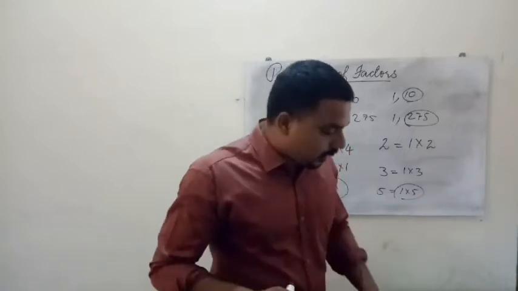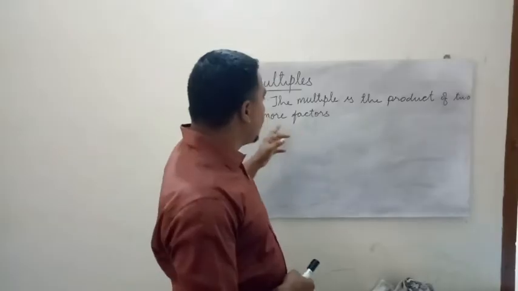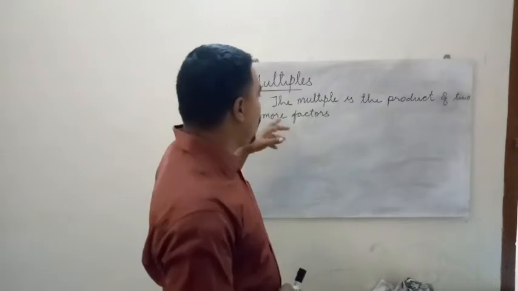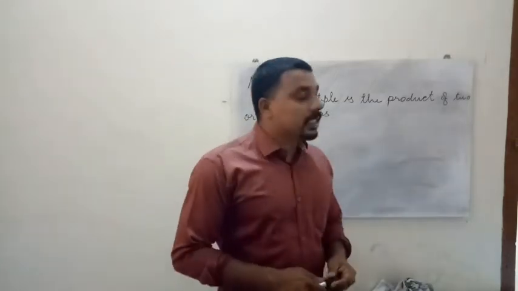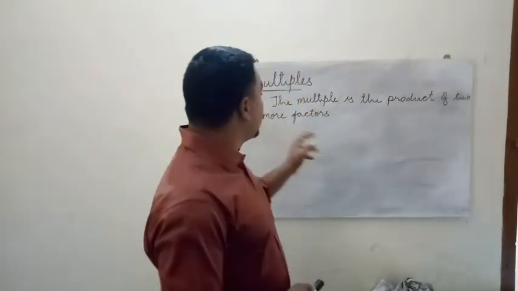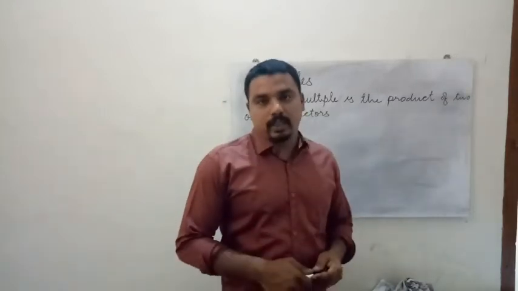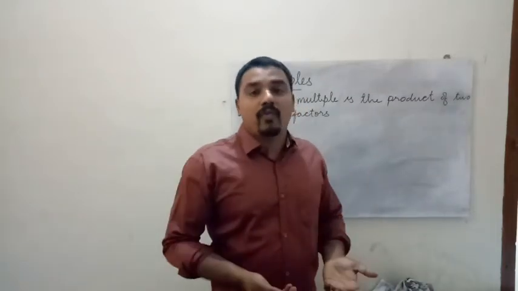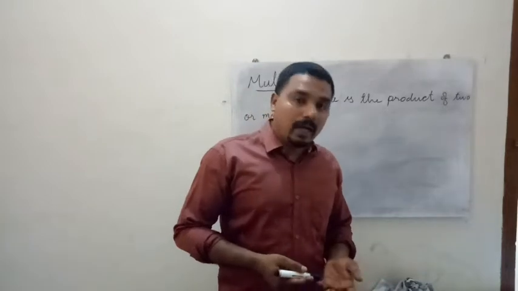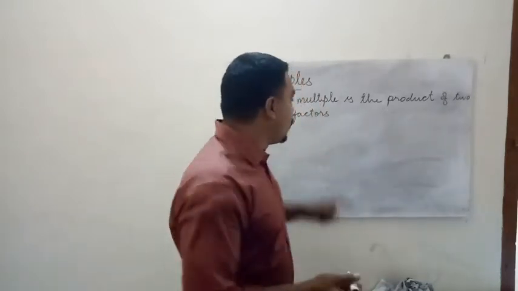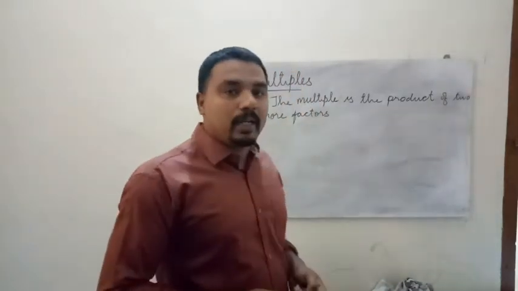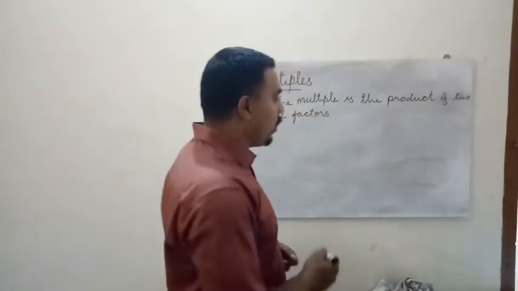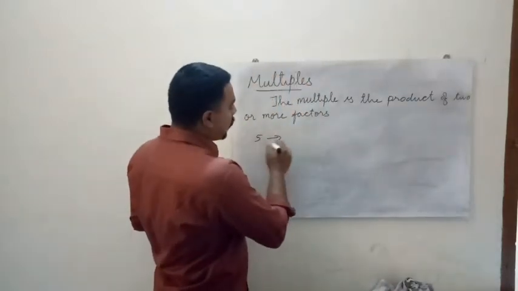Now we shall discuss multiples. What is a multiple? A multiple is the product of two or more factors. So the product of two or more factors is called what? The multiples. For example, we need to find the multiples of 5. How can we find the multiples of 5?